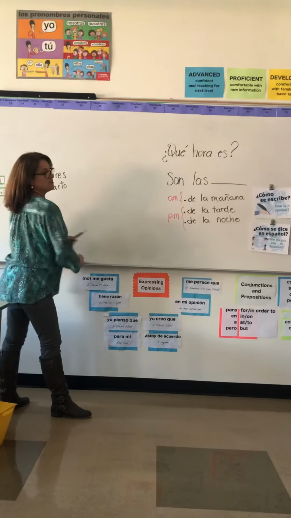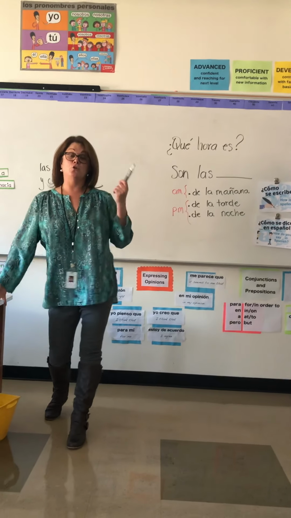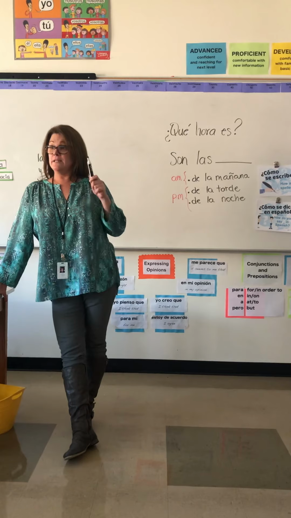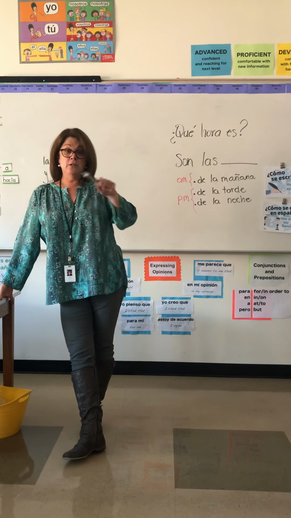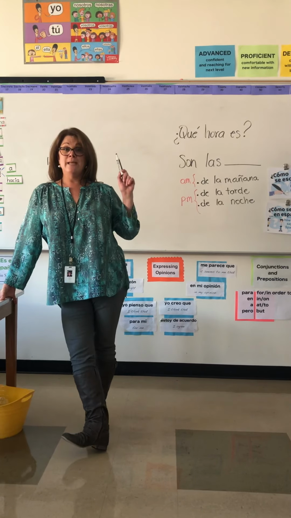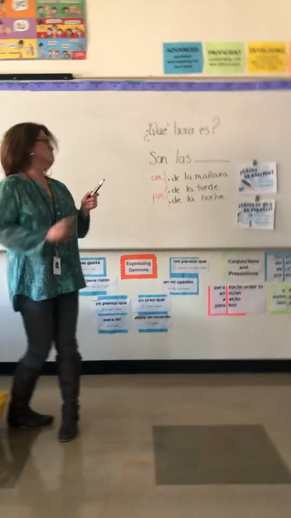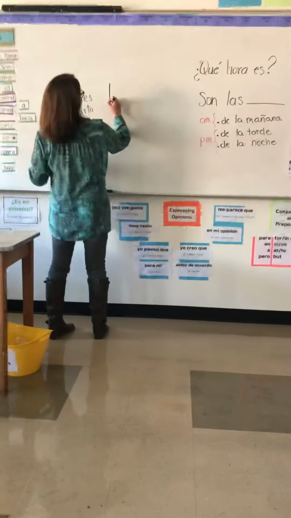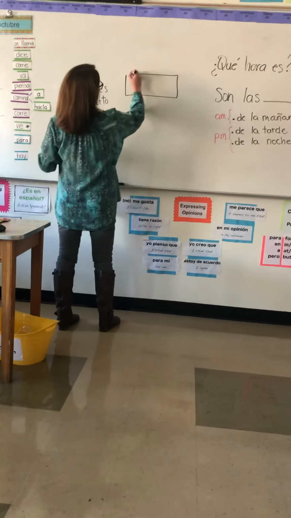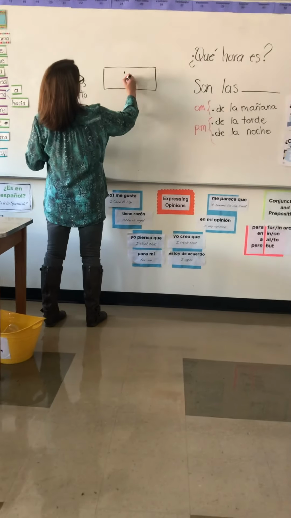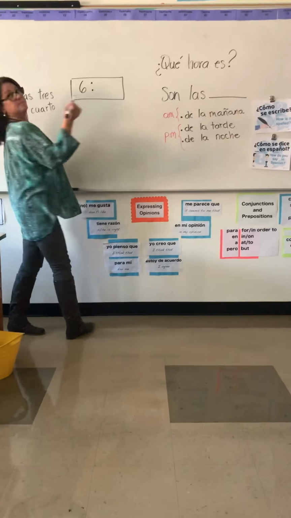Okay. Now, we don't need to make a clock like this either. We could just write digital time, which is probably what you guys are used to more. So can you make a digital little clock and make son las 6 y cuarto? It would be 6 what?